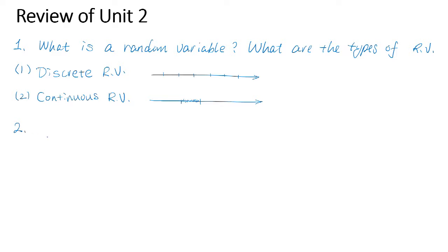Okay, second, we need to know how to describe a discrete random variable. First we introduce the probability distribution of a discrete random variable.